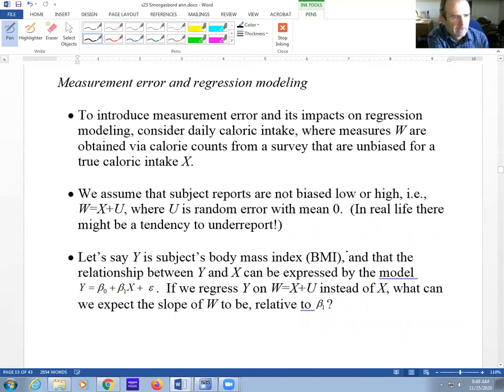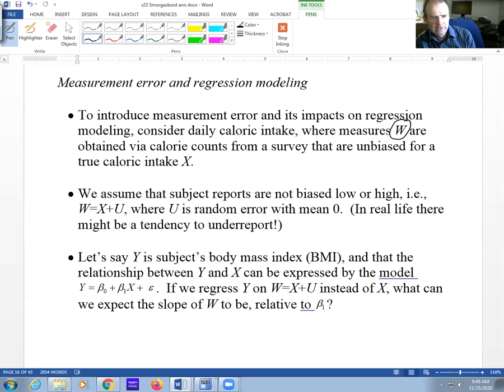So I could show you some of the math behind it, but I think it may be more intuitive just to show you simulated data. So let's say we have, going back to the calorie intake, where W is an estimate of that based on maybe a survey or something like that.